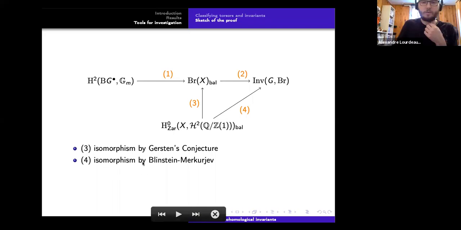First, the map 4 is an isomorphism, as I recalled, by the Blinstein and Merkurjev theorem, and we can see that thanks to Gershen's conjecture, the map 3 is an isomorphism. And we can find an isomorphism between the two.